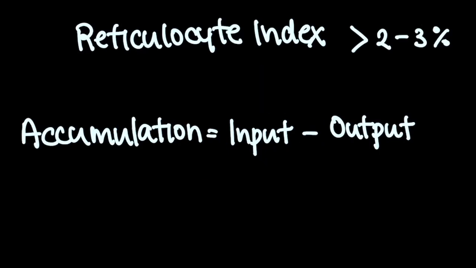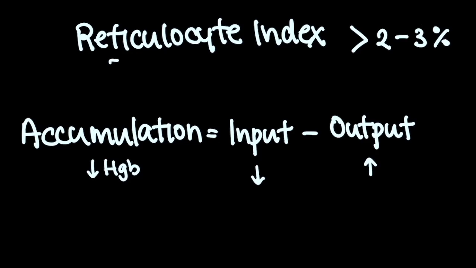So again, to go over the concept of anemia overall, it is the concept of accumulation equals input minus output, where if we have low hemoglobin or a state of anemia, we have a low accumulation of hemoglobin, which means that either there is a low production or an increased output of red blood cells or hemoglobin.